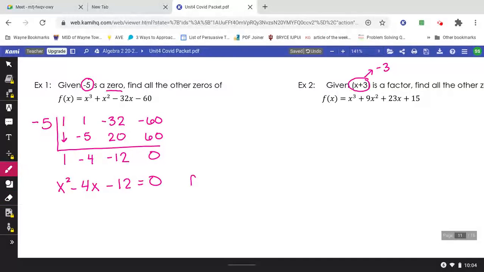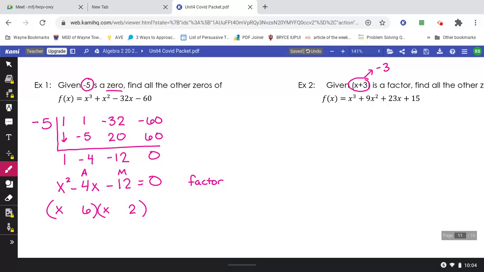And then what I need to do is factor, which means I need to look for 2 numbers that will multiply to -12, and add to -4. Multiply to -12 and add to -4. That's going to be 6 and 2.